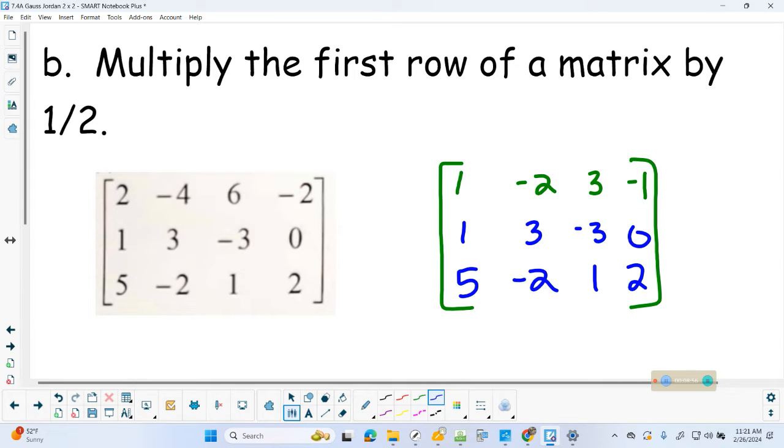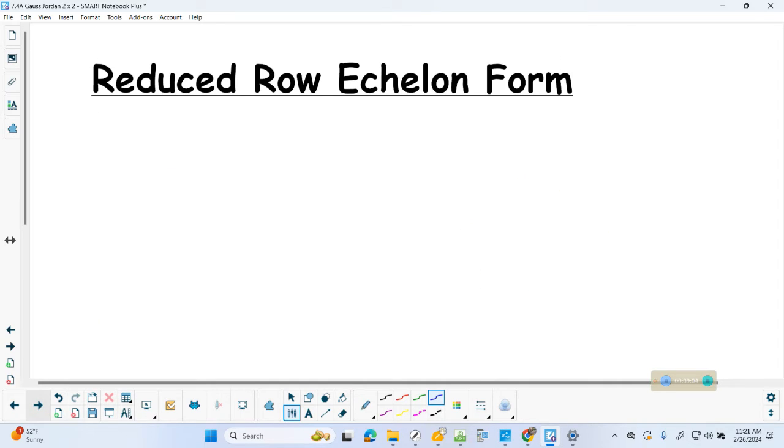Okay, so to solve these systems of equations, we are going to put them in this very specific form called reduced row echelon form. Or, that is a mouthful, RREF. Okay, this is very specific. Now, to do your matrix in reduced row echelon form, this is what we're going to make ours look like today.